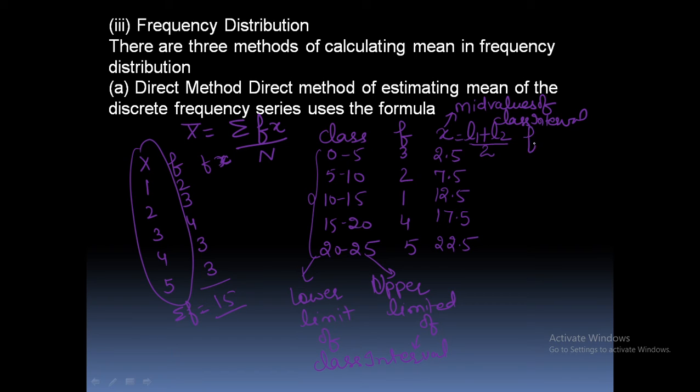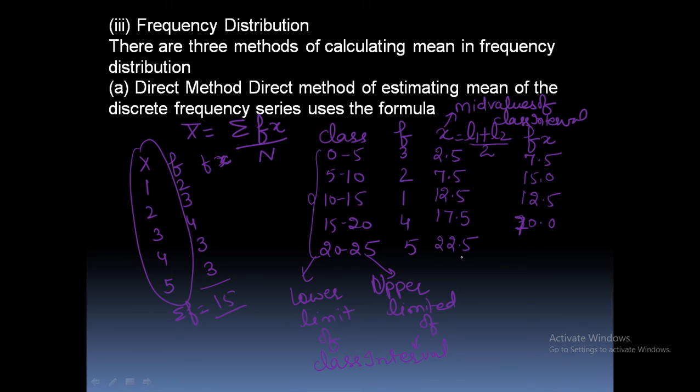Now next you have to multiply mid values with the frequency value. fx: 2.5 multiplied by 3, we get 7.5. 7.5 multiplied by 2, we get 15.0. 12.5 multiplied by 1, that is 12.5. 17.5 multiplied by 4: 4 sevens are 28 plus 2, 30; 4 ones are 4, 4 plus 3, 7.